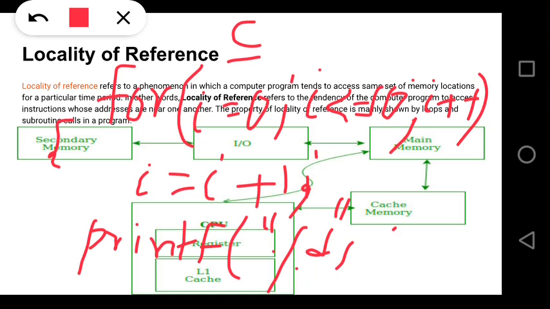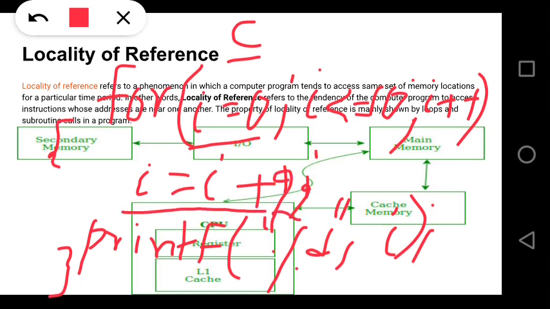This is a simple for loop in which I took a variable i, initialized to 0, which is incremented and then the value is printed.